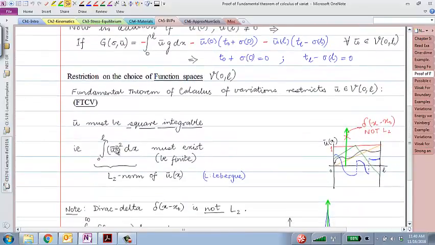Square integrable means that if u bar is a function of x, then the integral of u bar squared over the length has to be finite; it must exist.